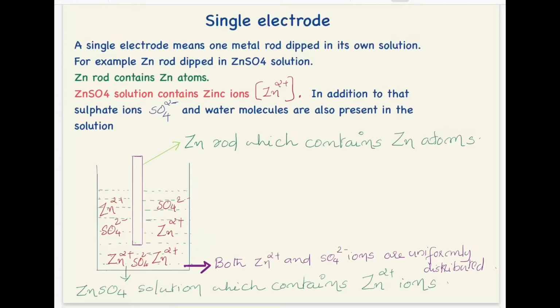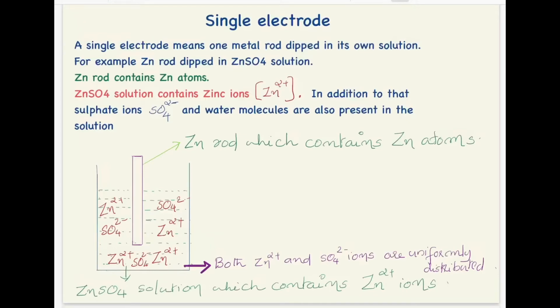Here you can see a drawing of a single electrode. A single electrode means one metal rod dipped in its own solution. For example, here zinc rod is in zinc sulfate solution. Zinc rod is solid and it contains only zinc atoms.